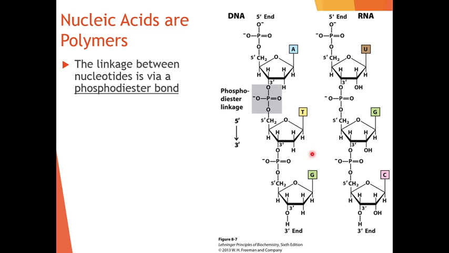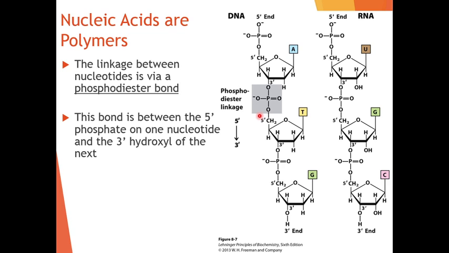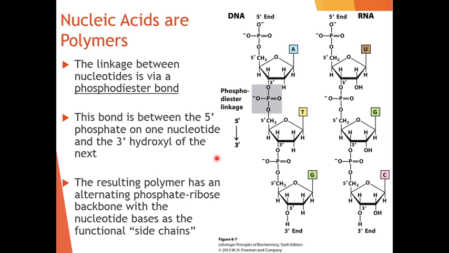Connection between one nucleotide and another nucleotide is via a phosphodiester bond, and this is a covalent bond. This bond is between the 5' phosphate of one nucleotide and the 3' hydroxyl of the other nucleotide. So the nucleotide would be this, and this phosphate from the 5' hydroxyl is attached to the 3' hydroxyl.